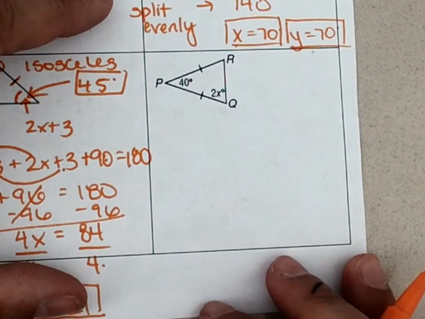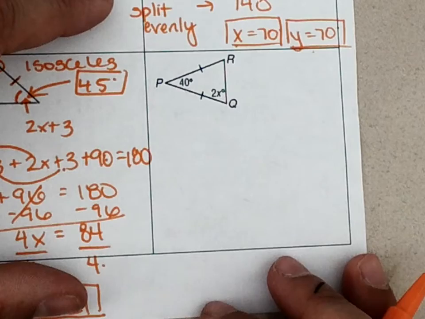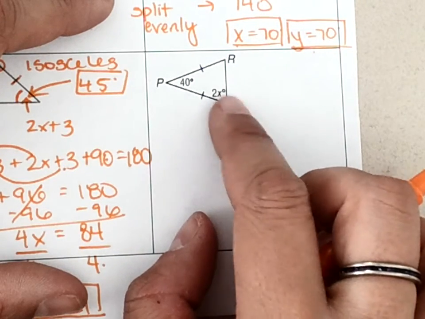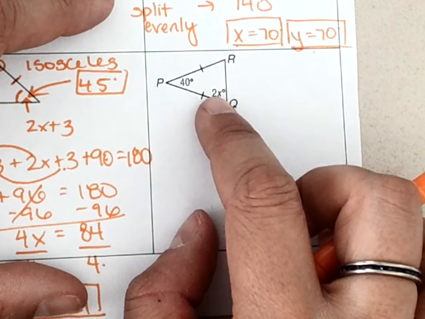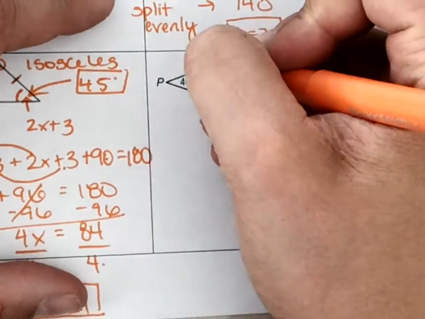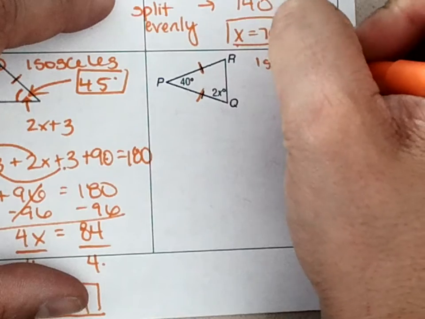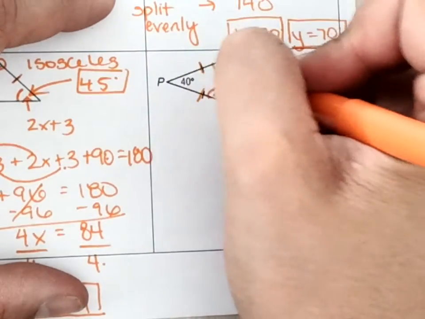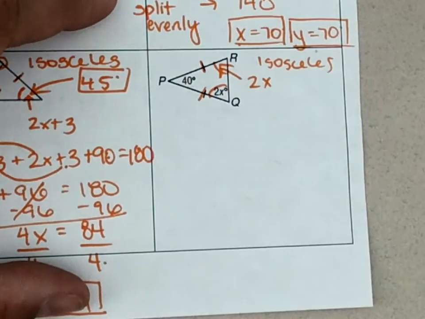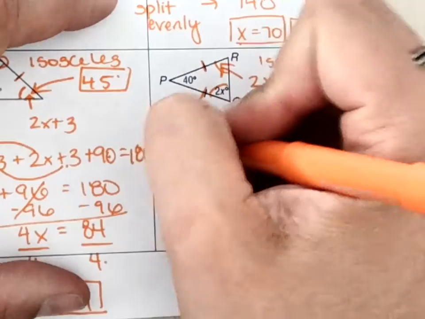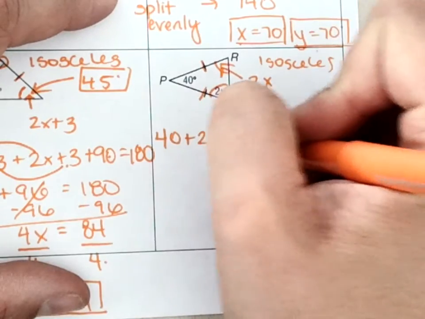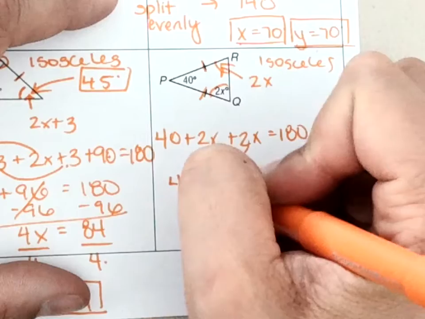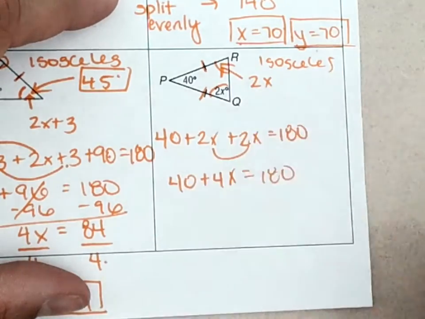In our last and final example, it will be the same as before, but instead of having a large expression, well, we have an expression, it's just smaller. There's no addition or subtraction. So this is an isosceles triangle. These are the base angles, therefore they're congruent, therefore this has to be 2x as well. So 40 plus 2x plus 2x equals 180. 40 plus 4x equals 180.